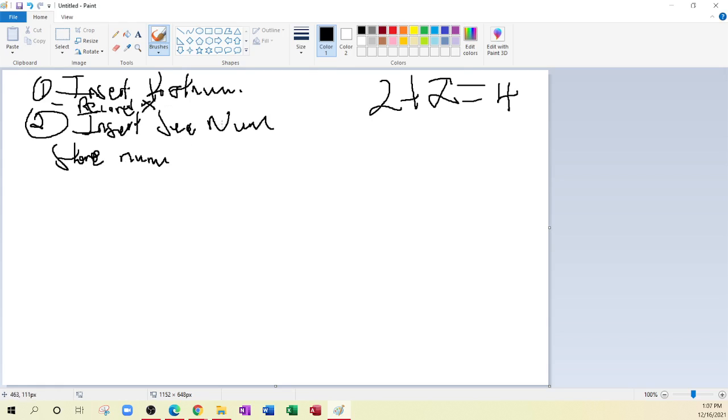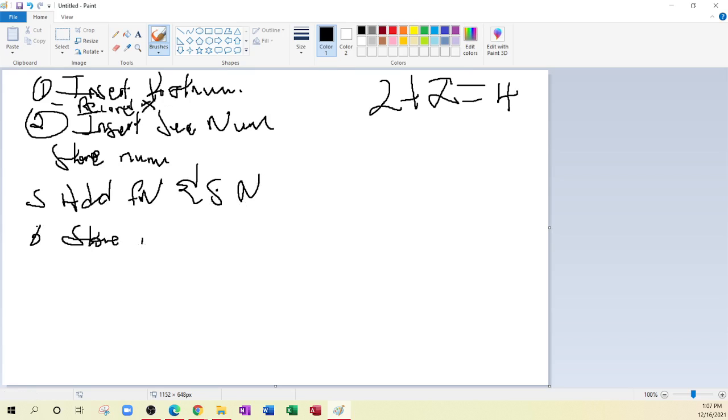You're going to store the number, and then after you store the number, you can say step 5, add first number and second number, and store result, and then output result.